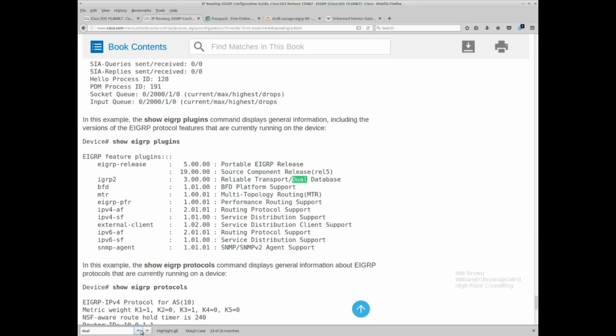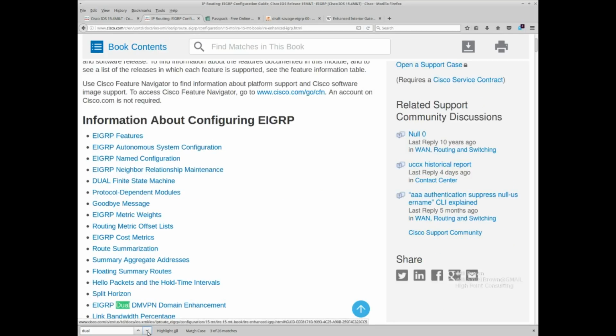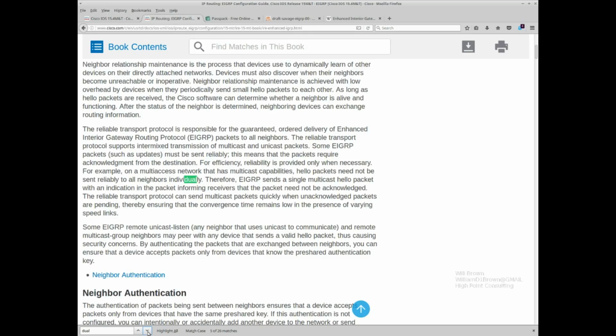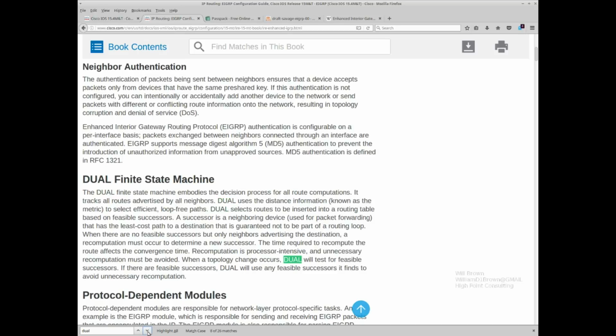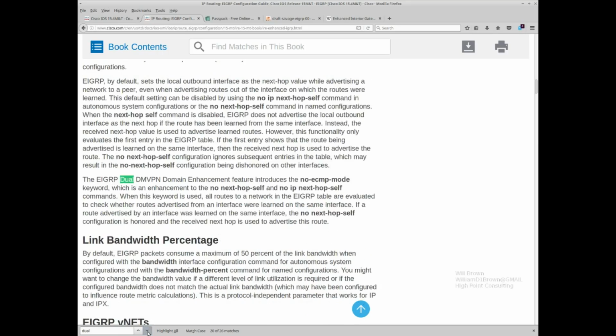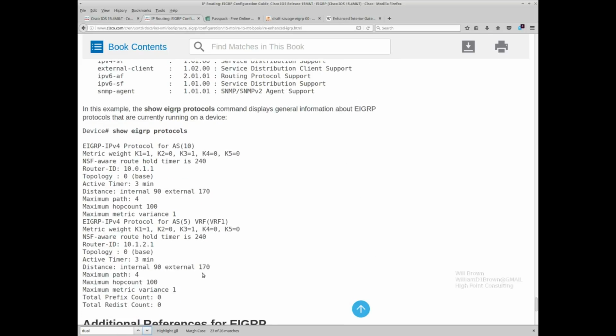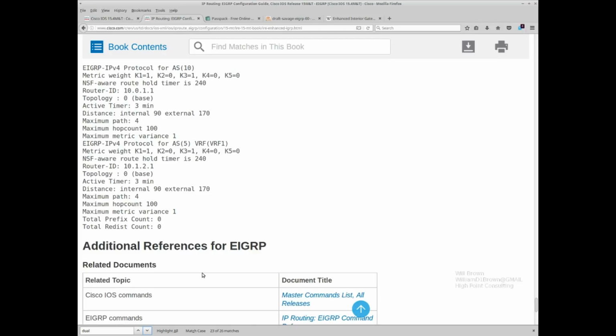Okay, I'm not going to waste more time. Oh, there we go. Now that's looking at the IP protocols. We'll be looking at the DUAL algorithm and working with those calculations in detail.